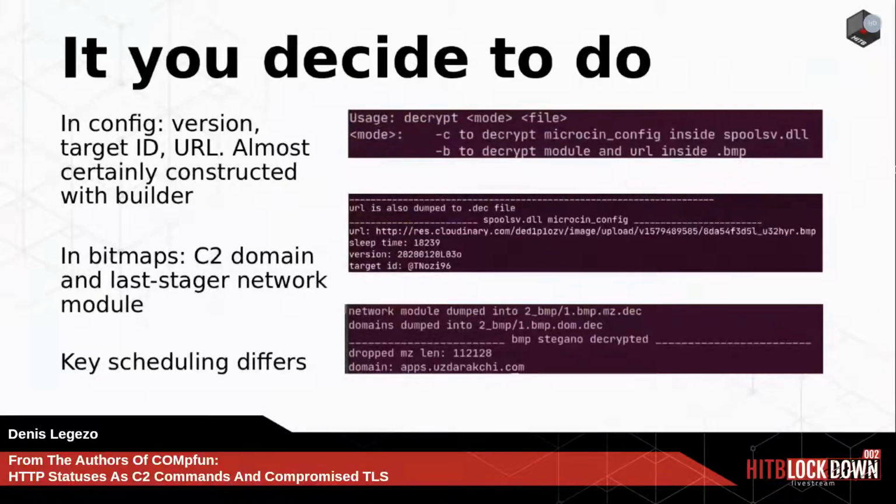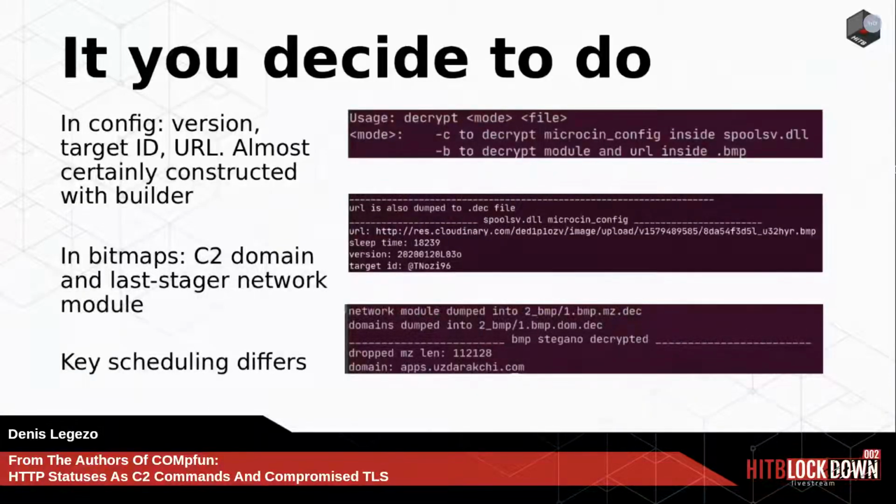And we wrote the decryptor as a standalone application. We don't use just debugging, breakpoints, dumping, whatever. We wrote a small C++ app with two modes of work. You let the app know: I want to decrypt the config, or I want to decrypt the bitmap picture, removing the steganography from the file.